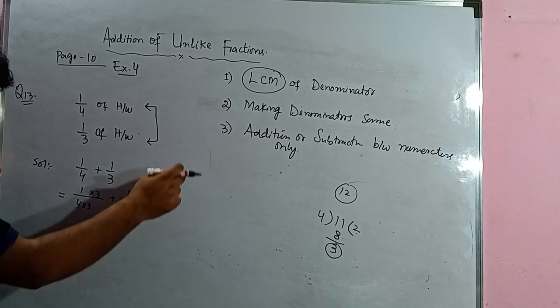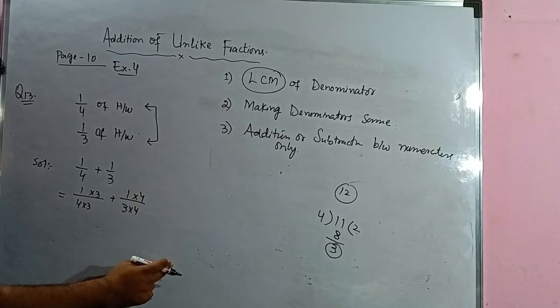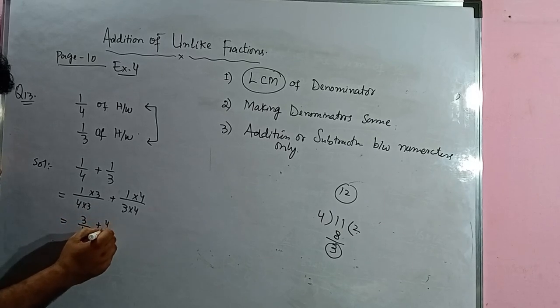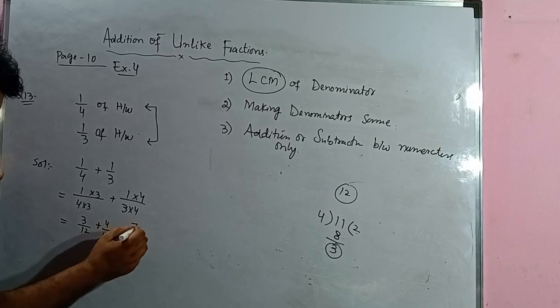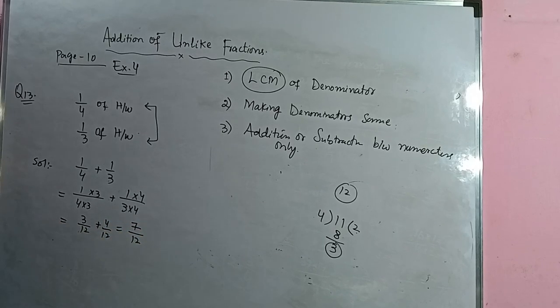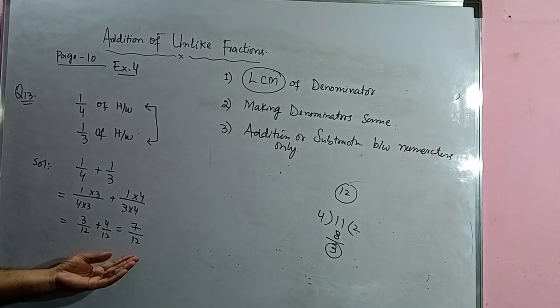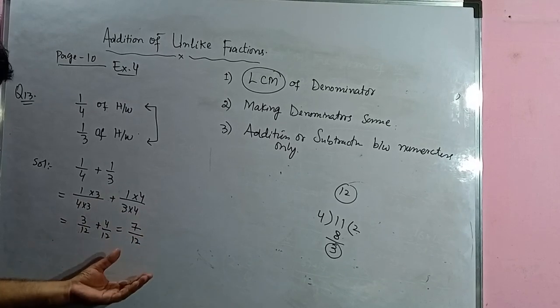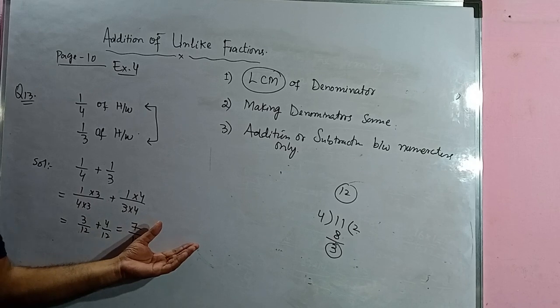It is 3 divided by 12 plus 4 divided by 12, and you can see it is 7 divided by 12. So that is the homework done by Lai, 7 by 12th part of her homework.